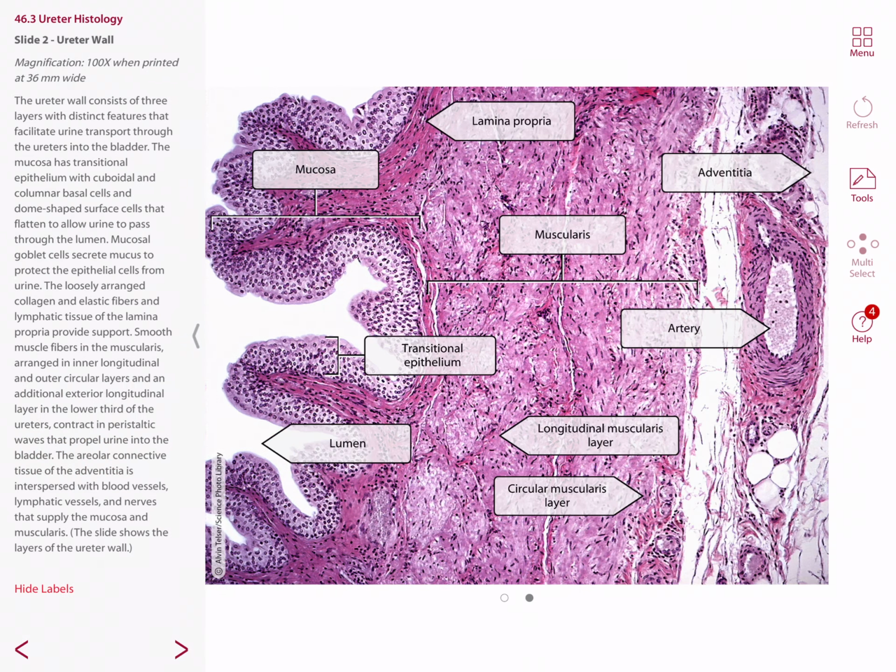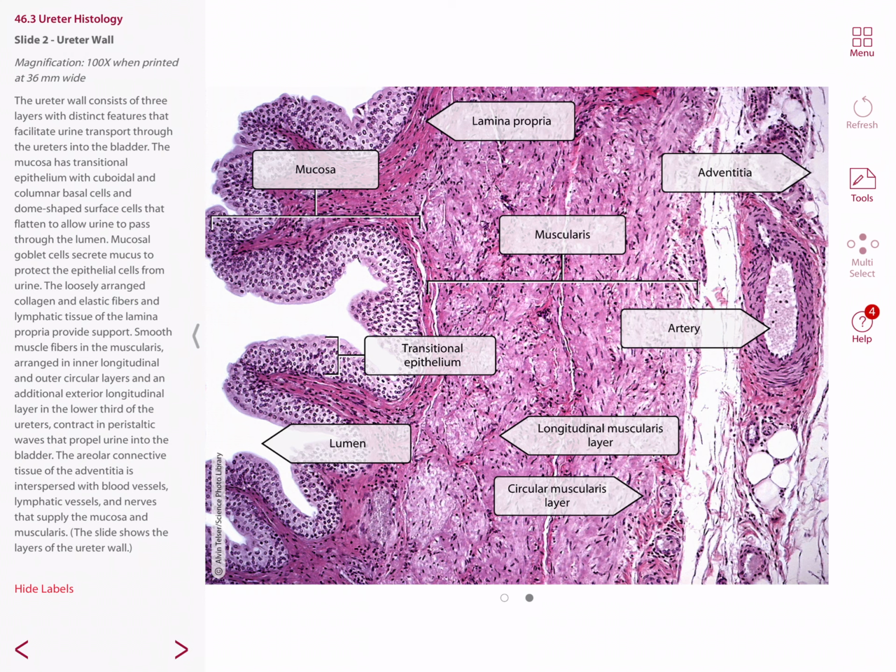Here's a picture showing you the adventitia. So we've got the outer circular layer and the inner longitudinal layer. So this is going to be the first 2/3 of the ureter, not the distal third, where we would add that outer longitudinal layer. So we're going to have the circular layer on the outside, longitudinal layer of muscle, or the longitudinal muscularis layer if you're reading these tags, on the inside.